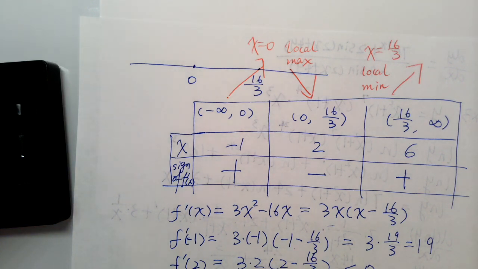Okay, so they give you a graph and then ask you to identify where it is concave up, where it is concave down. So there is really no calculation-based problem for the second derivative and its concavity.